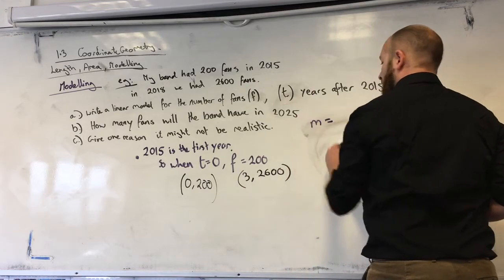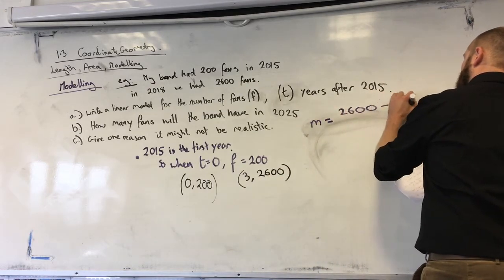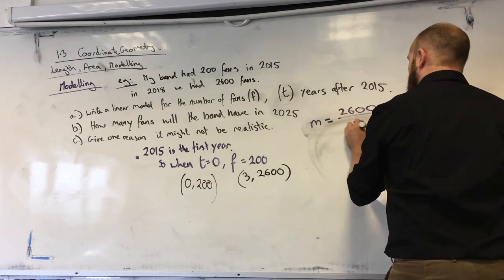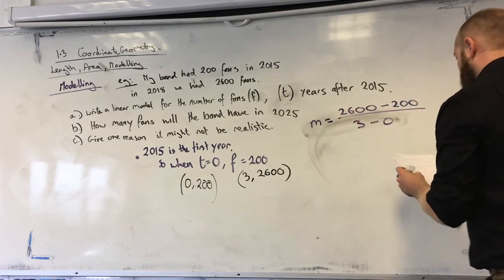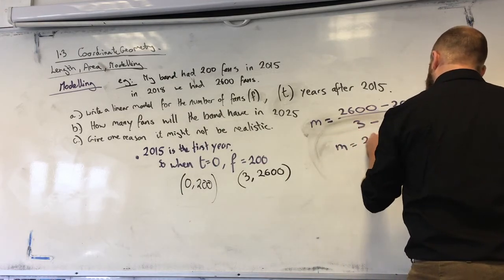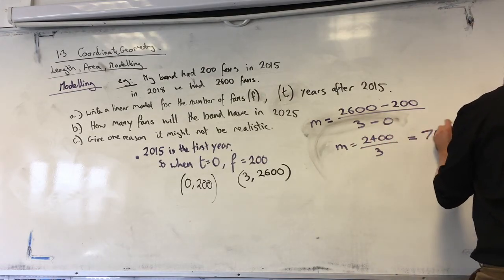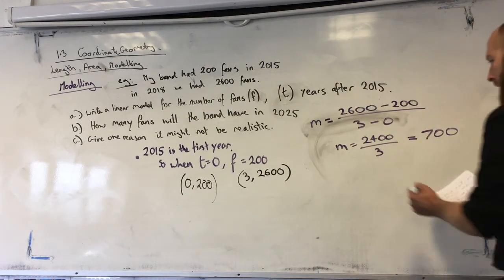So it's 2,600 take 200 divided by 3 take 0, which gives us a gradient of 2,400 over 3, which is 700.